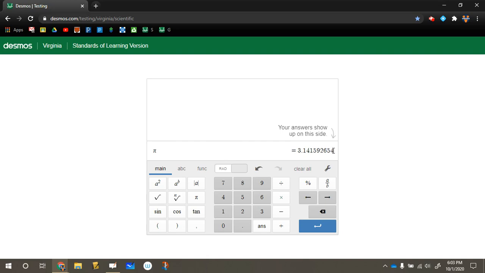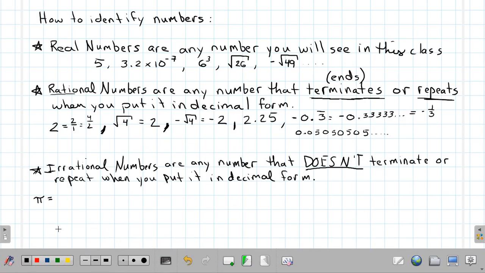So you see this last 4 out here, okay? It actually does not stop right there, okay? It actually goes on and on and on, okay? So technically what we have here with pi is 3.141592654, and then it actually goes on and on, okay? So it actually does not terminate.